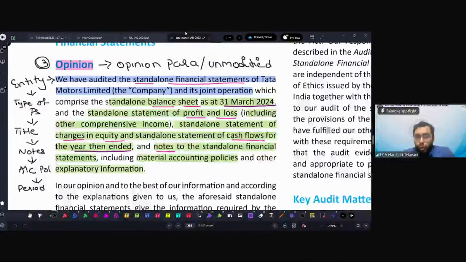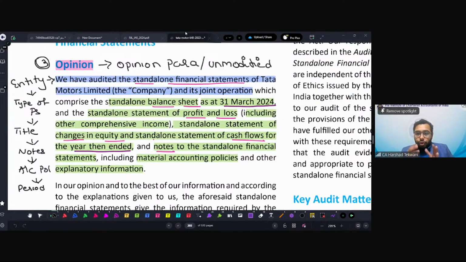Okay. So when an opinion is issued and we say it complies with this particular regulation or this particular act, we are talking about the compliance framework. And when we say it achieves a true and fair view, we are talking about the fair presentation framework.